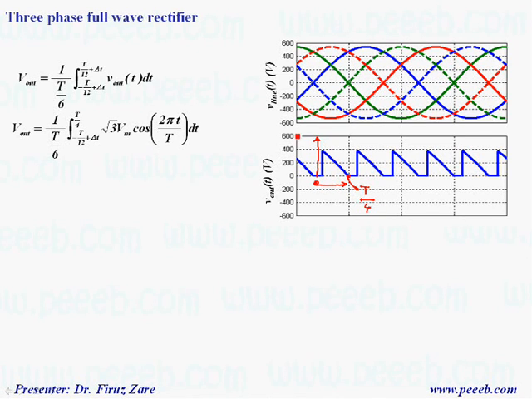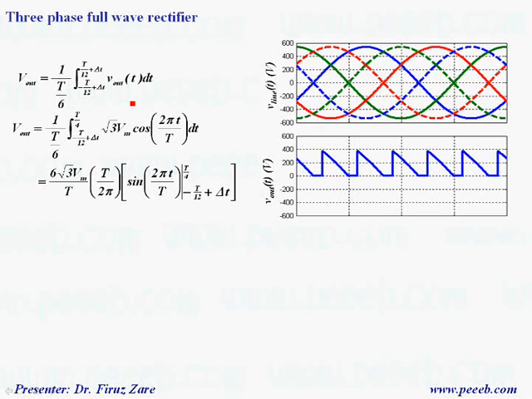So the only difference is that we change the upper limit from the previous equation to T over 4, and we need to find this integral. Again, the integral of cosine is sine. We just put in the upper limit and lower limit.